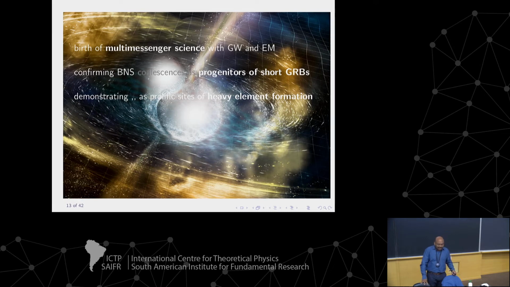And it constrained the speed of gravity with respect to the speed of light. The gravitational and electromagnetic signals arrived essentially at the same time after traveling for millions of years, which demonstrated that gravity and light propagate with the same speed.